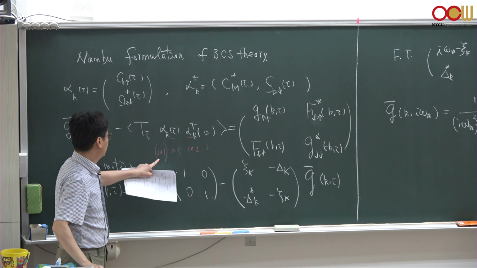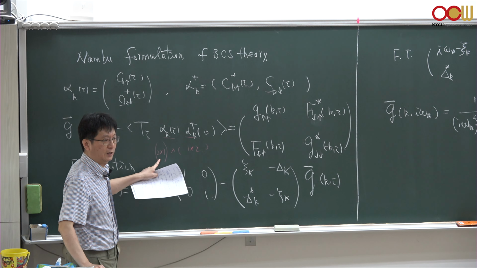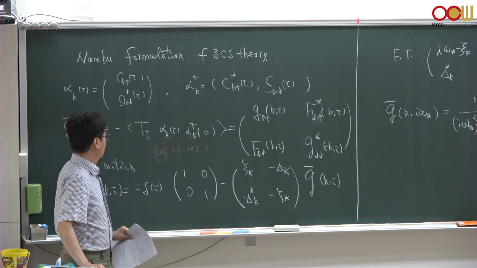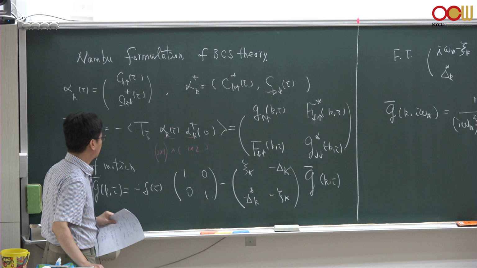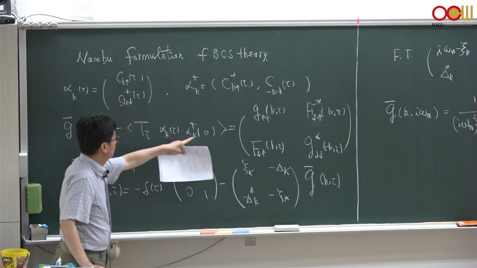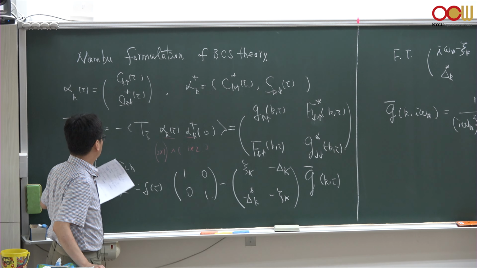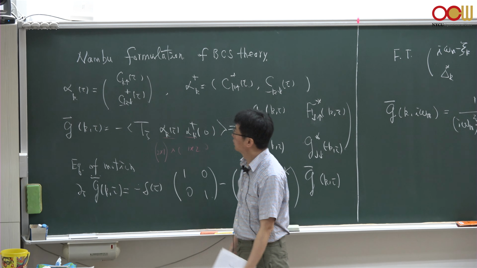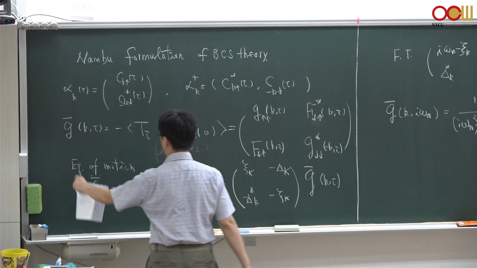So if you multiply this 2x1 column matrix by the 1x2 row matrix, you get a 2x2 matrix, right? And which is exactly this one. And if you take this time-ordered operator and take the expectation value, with the minus sign, you get G bar, which is the Nambu formulation of the Green's function in a BCS theory.